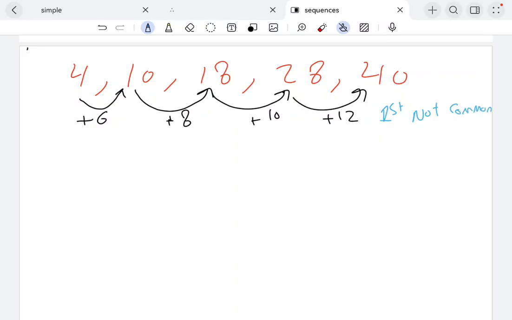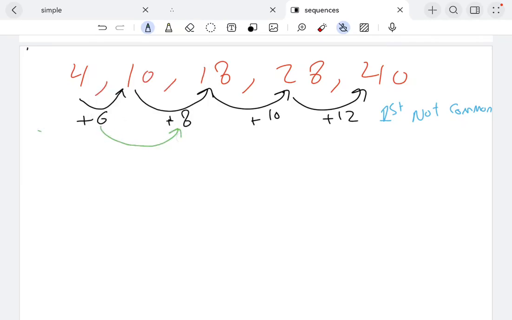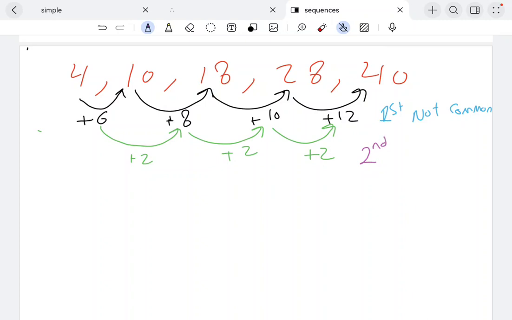Okay, let's check the second difference. Second difference: from 6 to 8 plus 2, from 8 to 10 plus 2, from 10 to 12 plus 2. So second difference, we are lucky, the second difference is common. If second difference is common, so what?